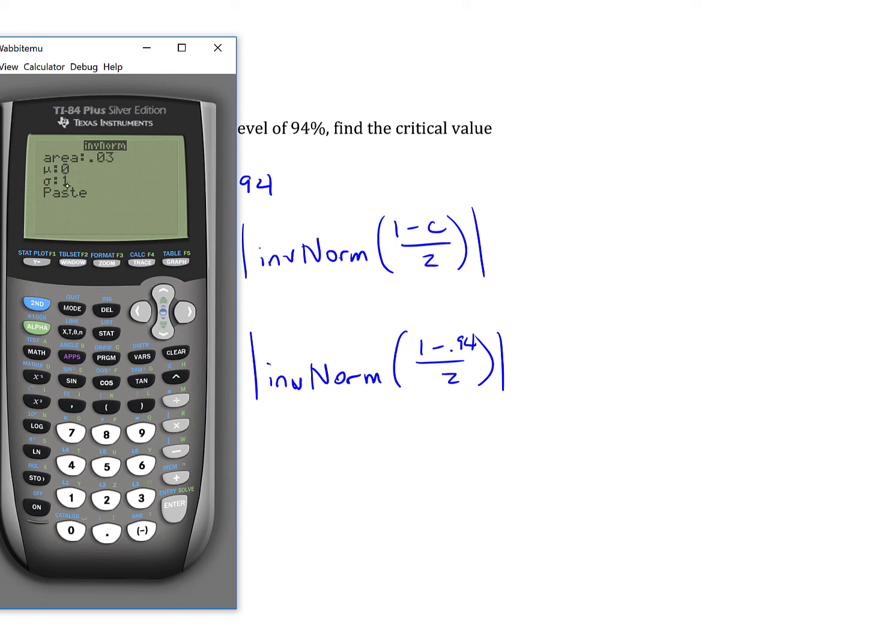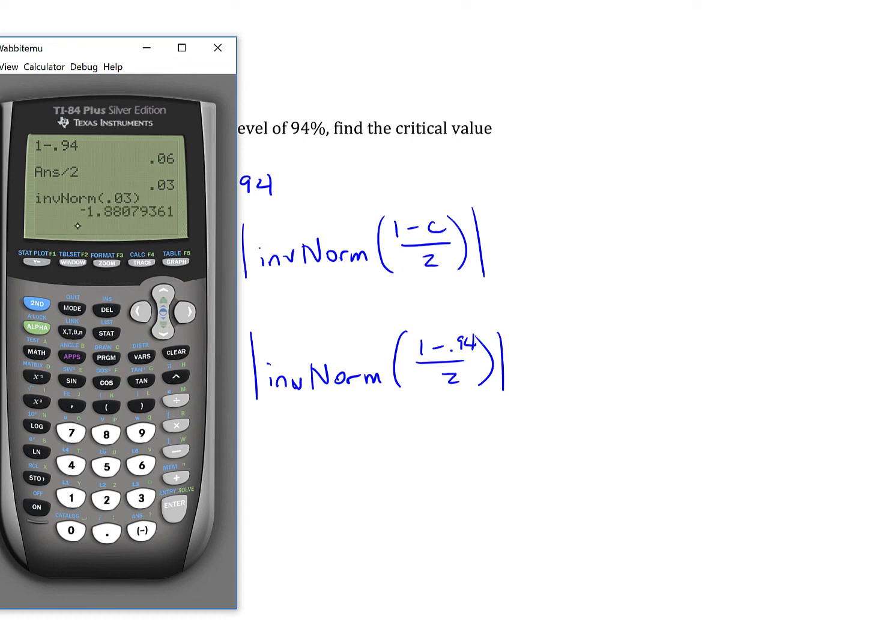If you're using the stat wizards, then for mean and standard deviation, because we're on a standard normal, just leave those as 0 and 1. If you're not using the stat wizards, just type inverse norm of 0.03, because you can leave these last two inputs blank if you want, and that's fine.